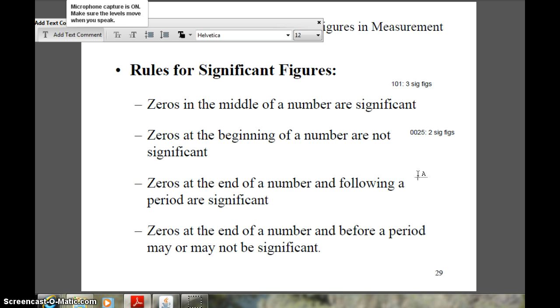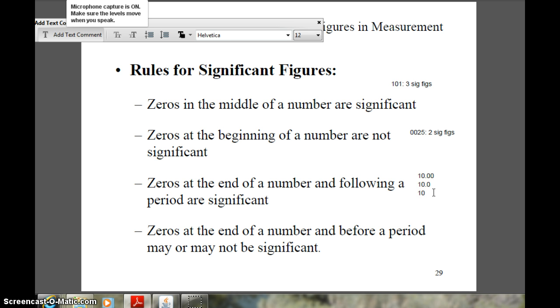So for example, if you have 10.00 from a burette, compare that to 10.0 and compare that to just 10. Now the first one has the maximum number of significant figures, 4. The second one has 3, and 10 has a maximum of 2 significant figures.